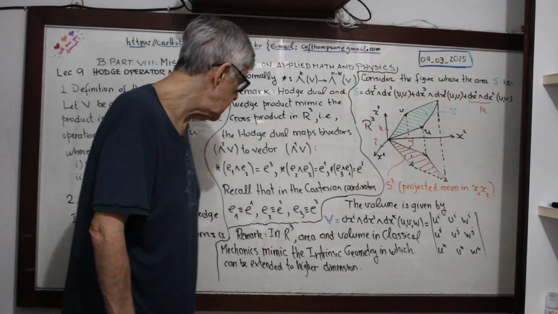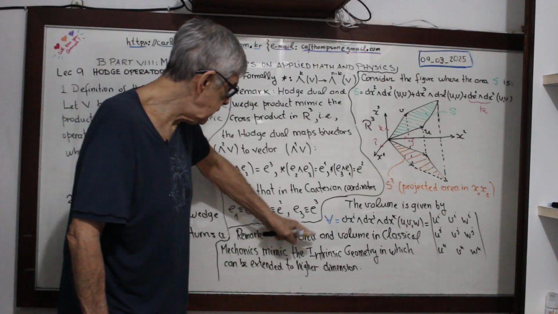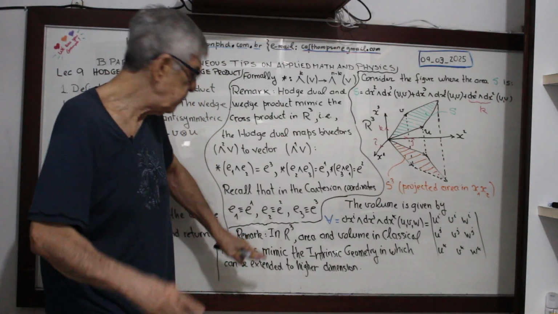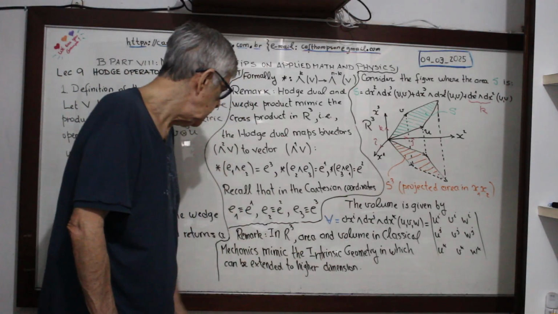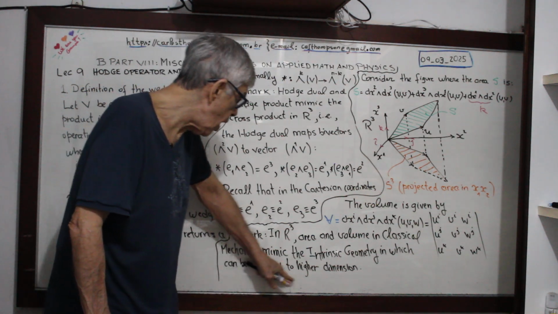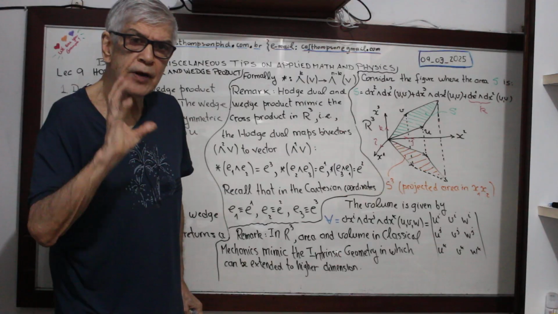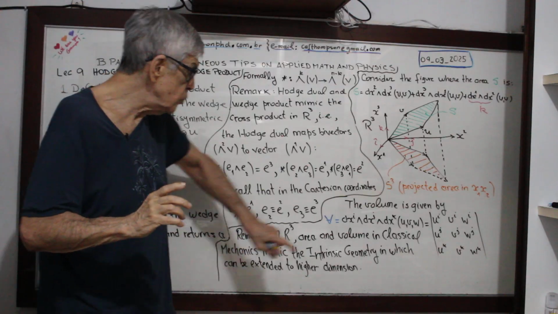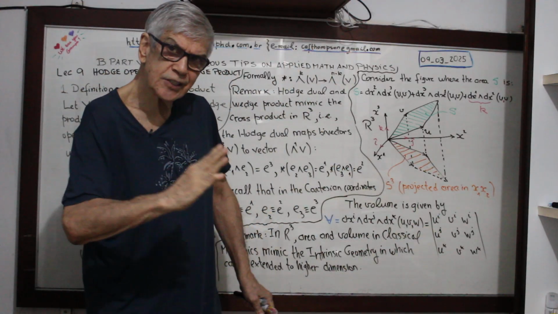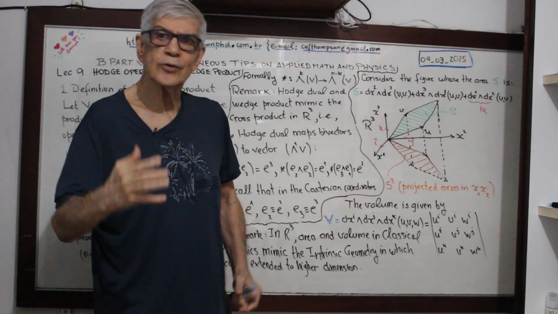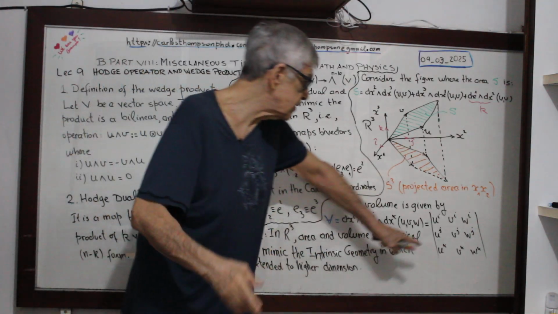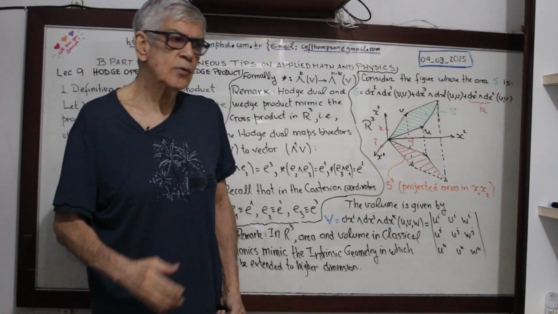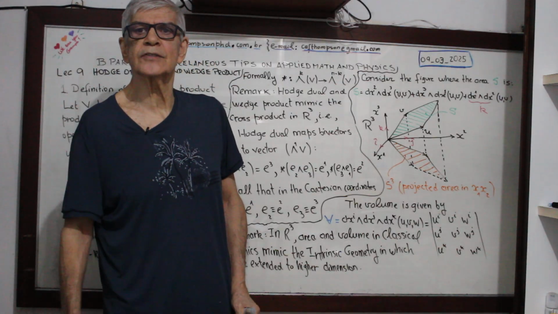I use this in classical mechanics, in R3: area and volume in classical mechanics mimic the intrinsic geometry, which can be extended to higher dimensions. This is a very important issue in intrinsic geometry, because if I use this determinant, I can extend the analogue of the cross product to a 4 by 4 determinant and so on. I can work in higher dimensional spaces.